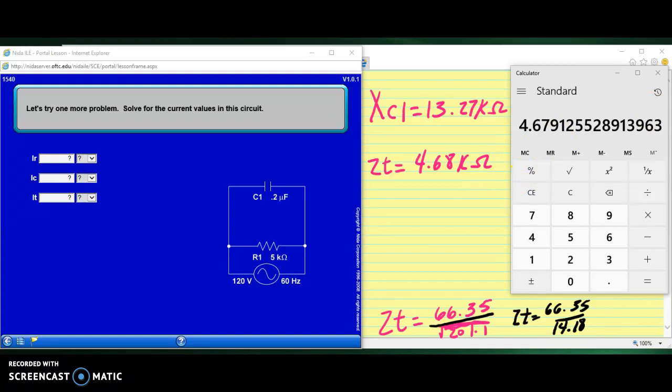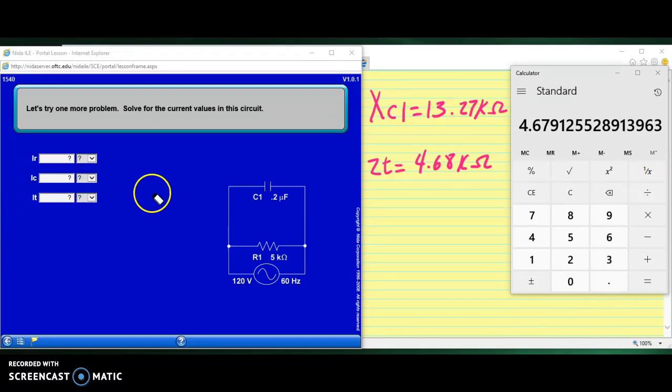So let's get rid of the rest of the stuff just to make our lives a little simpler, shall we? All right. So now we can easily calculate IT. It's just going to be a matter of taking the applied voltage, 120 volts, dividing it by this ZT, and we've got IT.